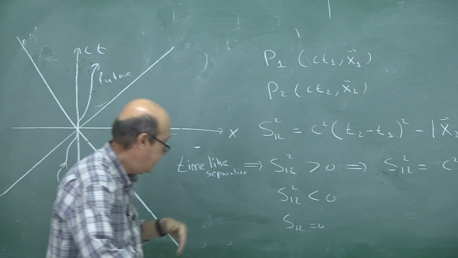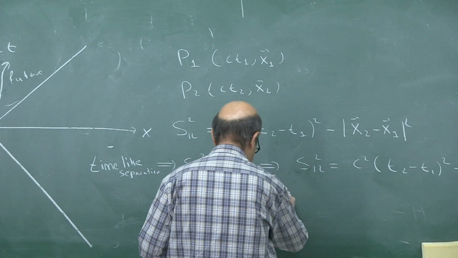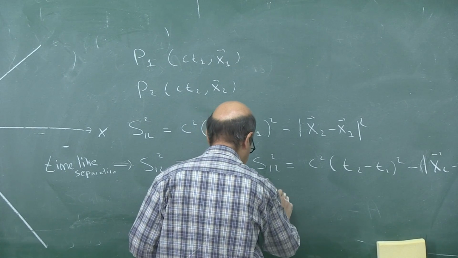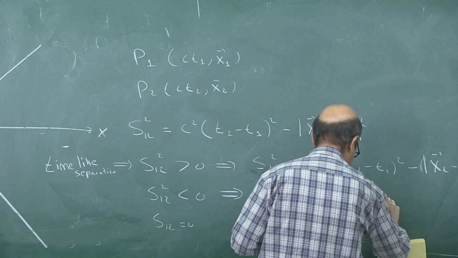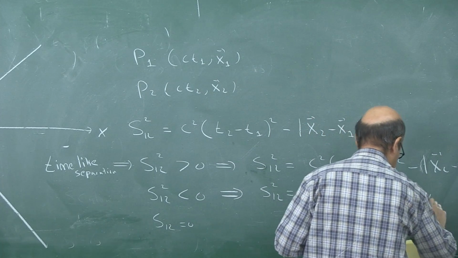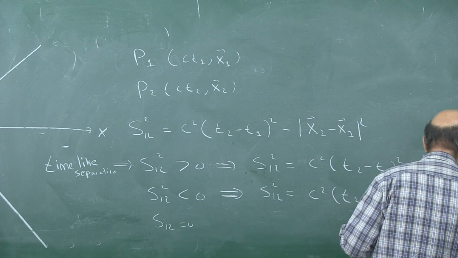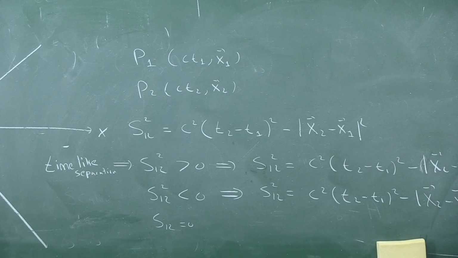Okay. The other one is the opposite. You will guess what will happen. The other one is when you have this case, c square (t2 minus t1) square minus (x2 minus x1) square in K prime, and that could be negative.